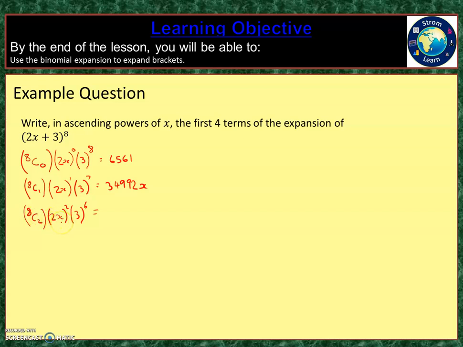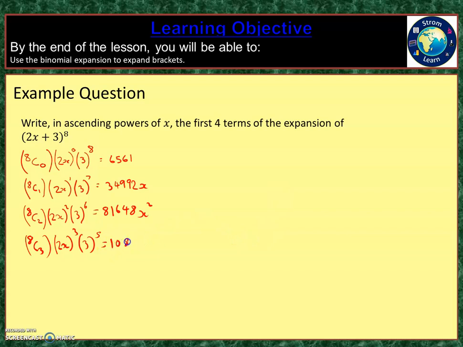Okay. Right, so when I type this in, again, I've got to remember that that 2 is squared. And this is going to give me 81,648 x squared, and then my final term, so 8c3, 2x cubed, 3 to the power of 5, and again, got to be careful, can't put the x in, do have to make sure I put in the 2 cubed.